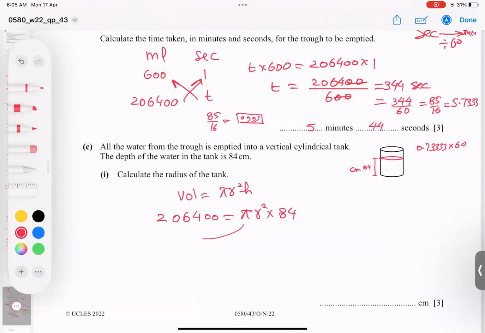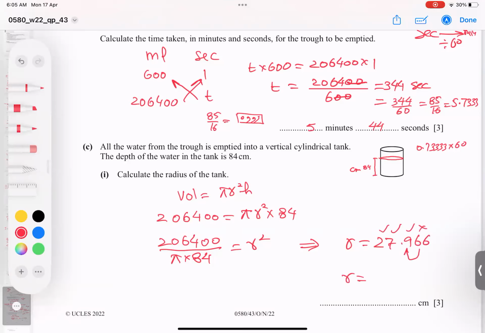If we divide, it will look like 206,400 divided by pi and 84 equals r squared. When I take the root of the whole, this comes to 27.966. If I round to 3 significant figures, I get radius 28 centimeters. I hope the point is clear.